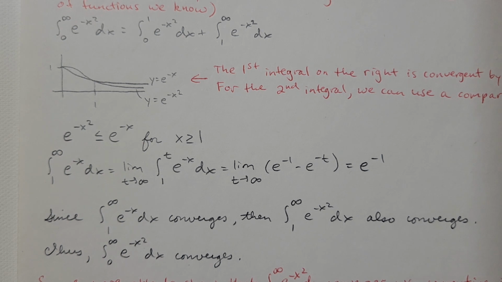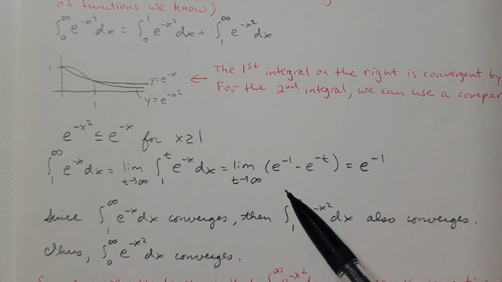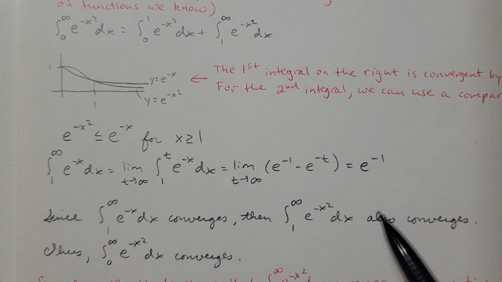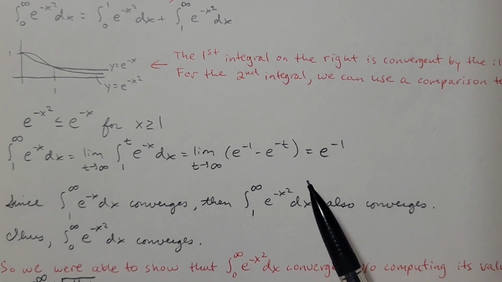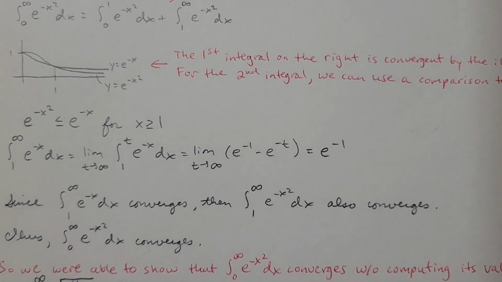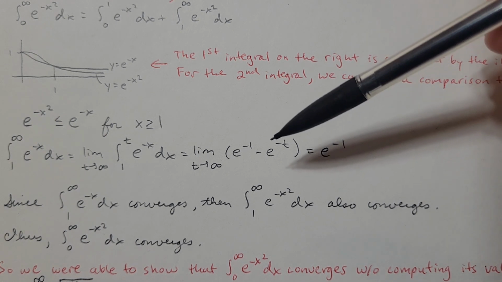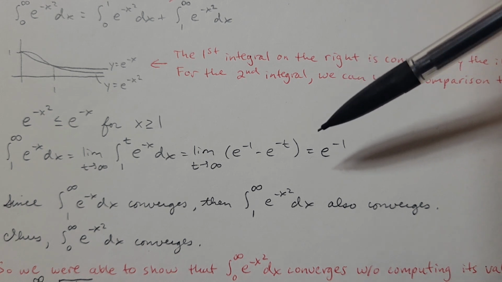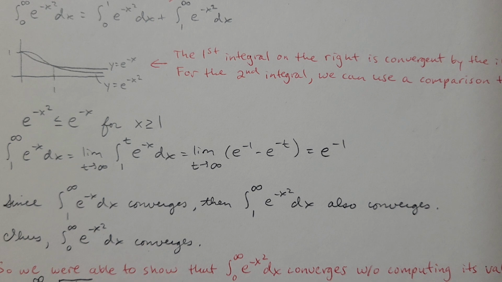And the antiderivative of e to the negative x is negative e to the negative x going from 1 to t. And when I plug in my bounds here, I'm going to have e to the negative first power minus e to the negative t.